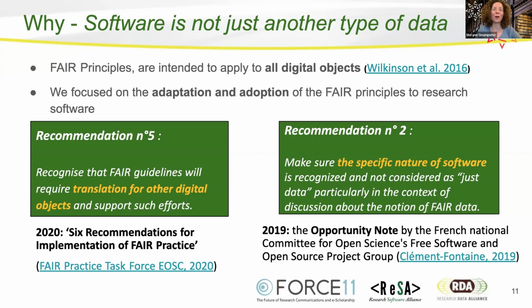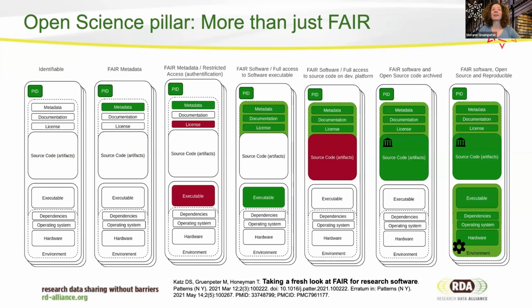And if we move on to the next slide, well, I would always say that FAIR is not enough, but this is my personal view on things. If you look at this diagram from the 2021 article, "Taking a fresh look at FAIR for research software," there is a way to see how our software can be increasingly open, and that open science and open is not just FAIR, it's much more than FAIR.